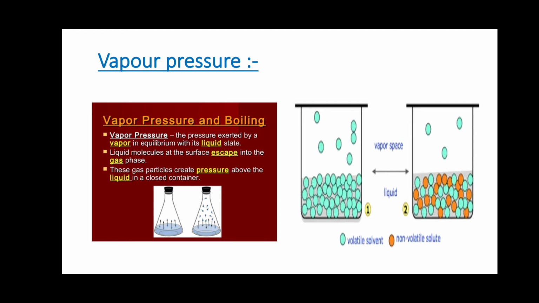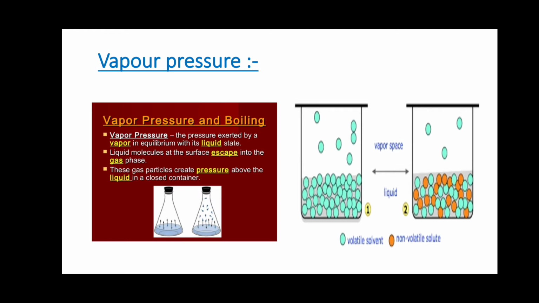For example, when the solution containing solvent or solute particles is converted into vapors, these vapors exert partial pressure on the liquid state.